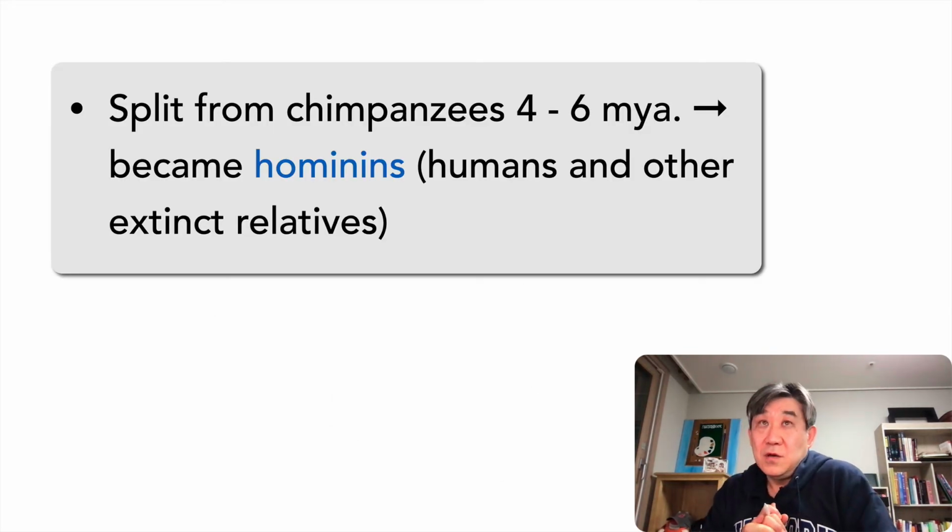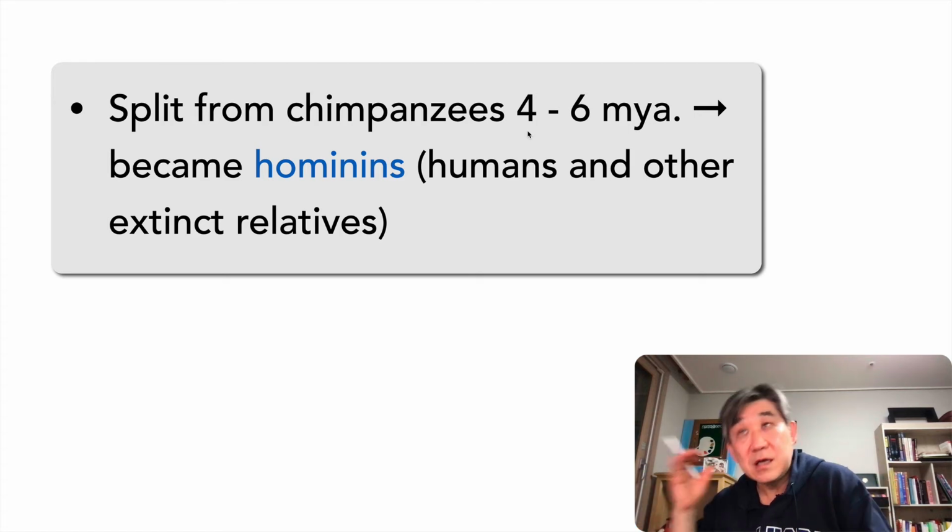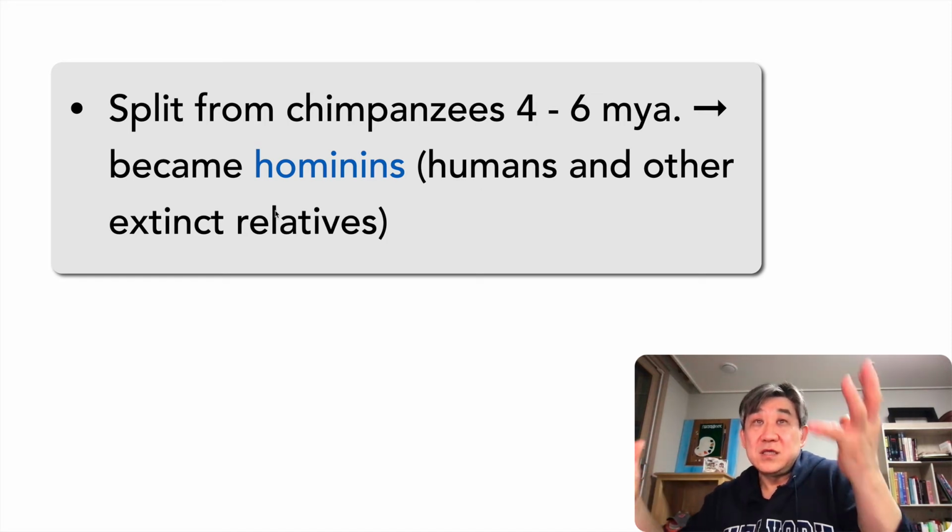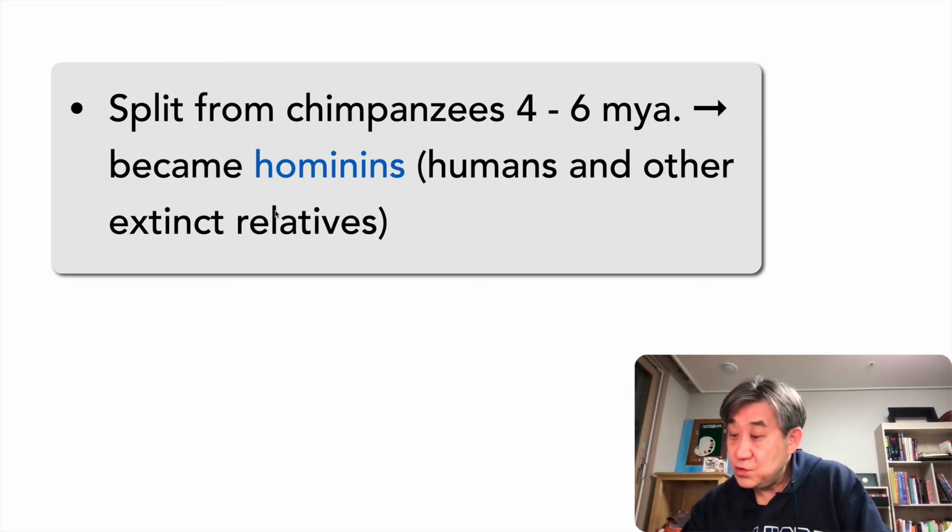It's been estimated that we split from chimpanzees about 4 to 6 million years ago, and established another independent group now called the hominins.